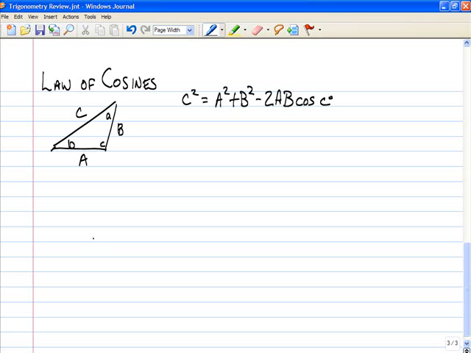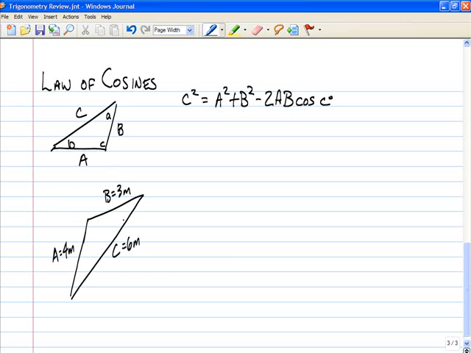So let's see, if we do a problem that looks something like this. We've got a triangle, and this is B, and it equals 3 meters, and this is A, and it equals 4 meters, and C equals 6 meters.